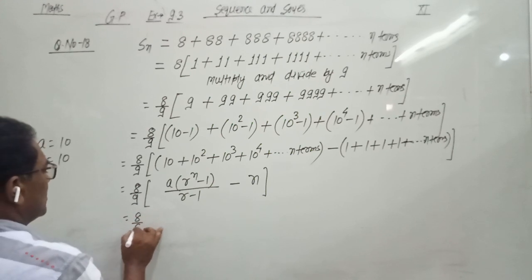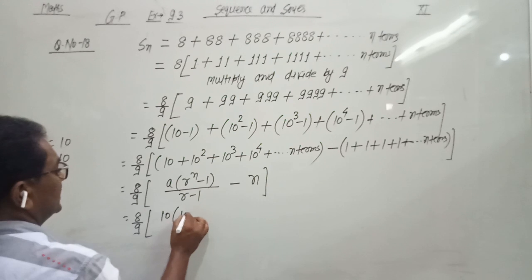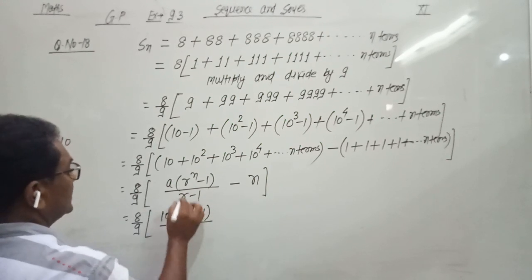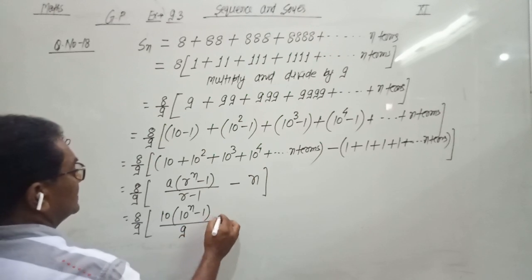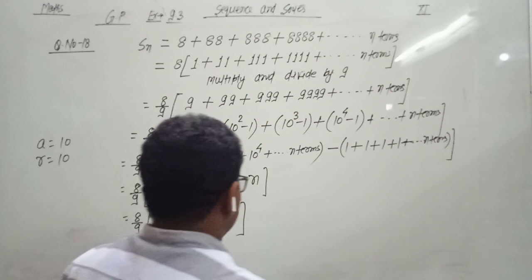Now put the values of A and R. So 10 into 10 raised to the power n minus 1 upon 10 minus 1, that is 9, minus n. We separate these two terms.